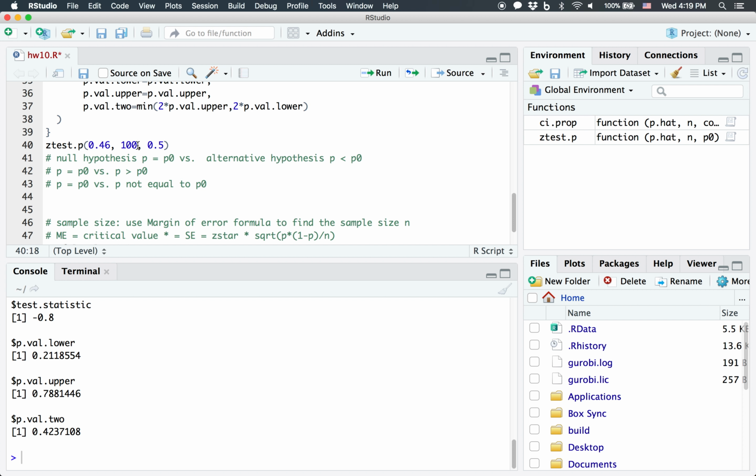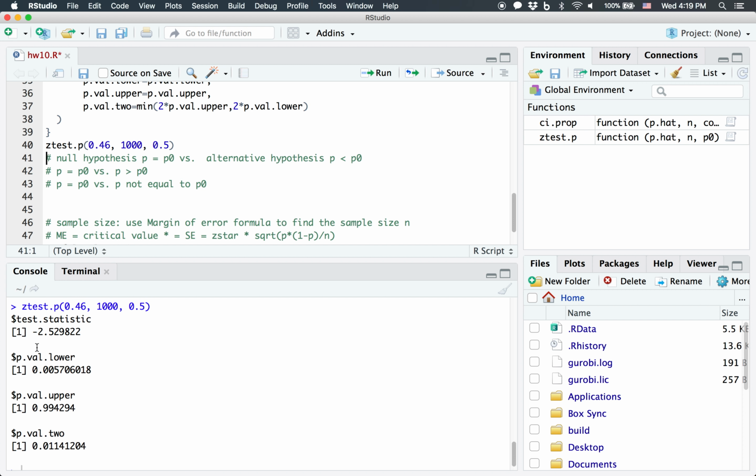What if we run with a bigger number of samples, for example, 1,000 samples, in the outputs of these three numbers? Let's say our alternative hypothesis is the same as this one.